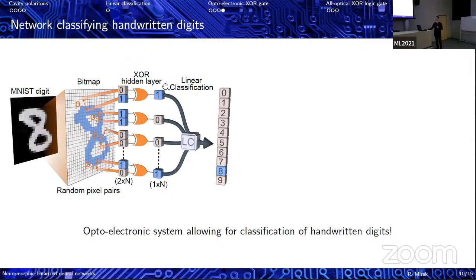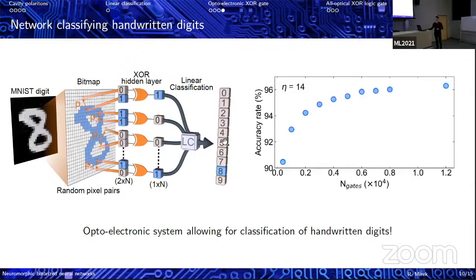Then we performed the linear classification on this part, and we got the result. The accuracy rate of classification of the MNIST handwritten digits depended on the number of gates in this hidden layer, and we could reach above 96%.